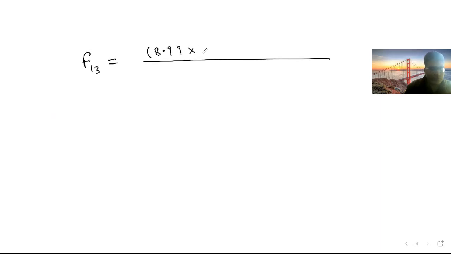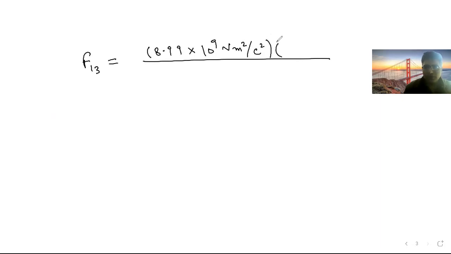Now we will find the magnitude of F13. F13 is, again, the value of the constant, which is 8.99 into 10 raised to power 9 Newton meter square per coulomb square.